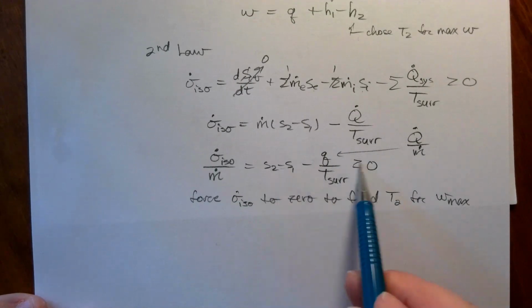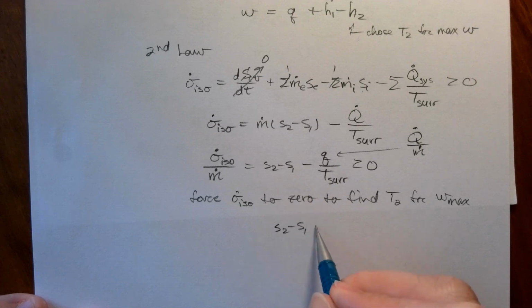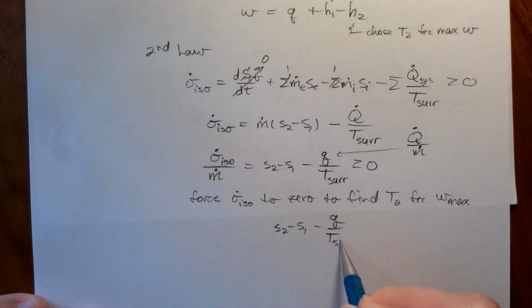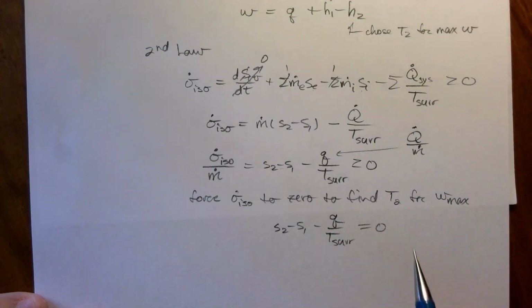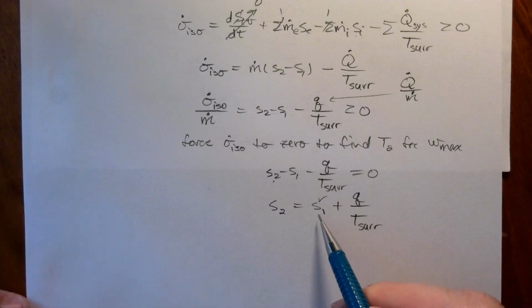Okay, so if we're going to set this equal to 0, S2 minus S1 minus Q over T surroundings is equal to 0. So we're going to solve this for S2. So these go to the other side of the equation. S2 is equal to S1 plus Q over T surroundings. And remember that state 1 is defined.